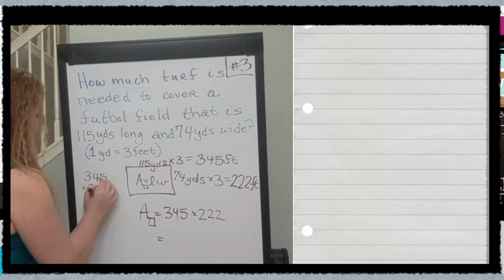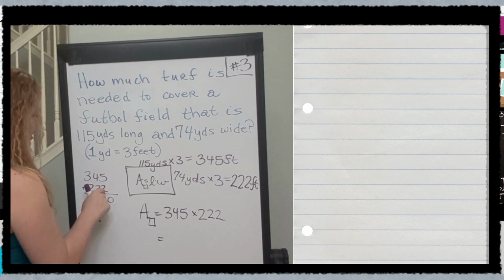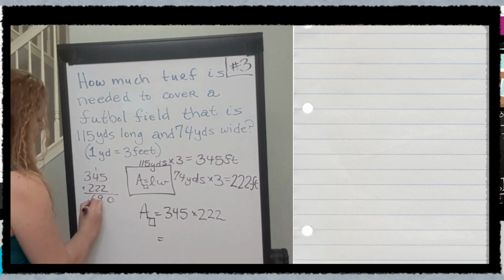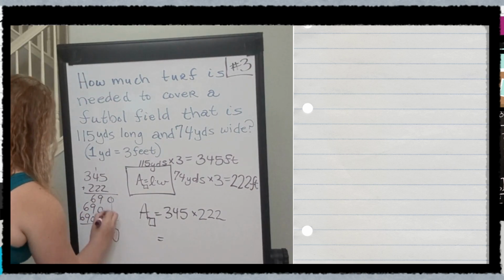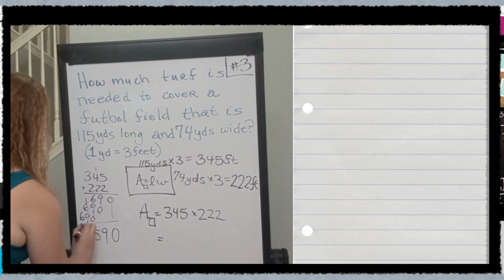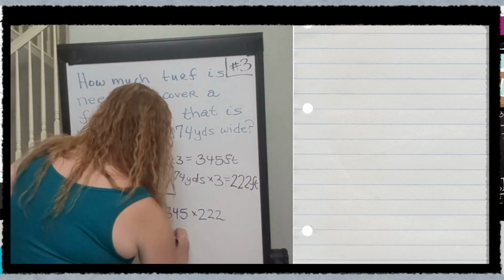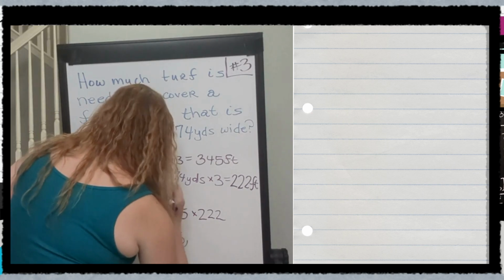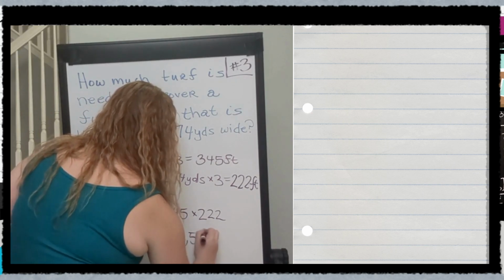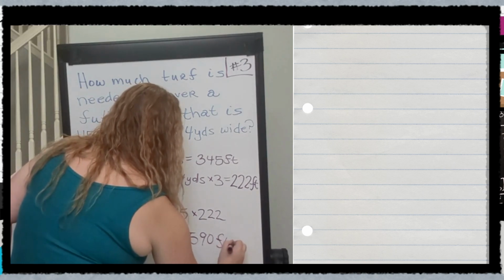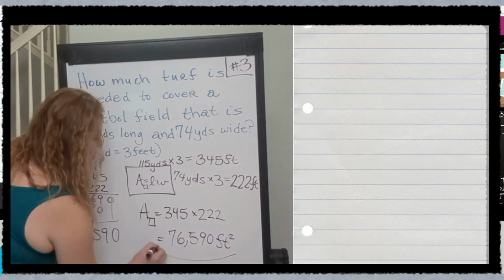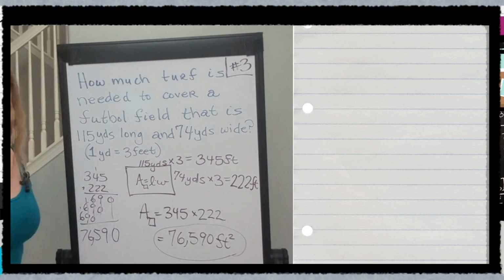It'll be easy because once you take 2 times this, so 10, 9, 6, and then 690, and then 690, 0, 9, 15, 16, 7. And our answer, 76,590. And that's going to be feet squared, square feet, as our answer.